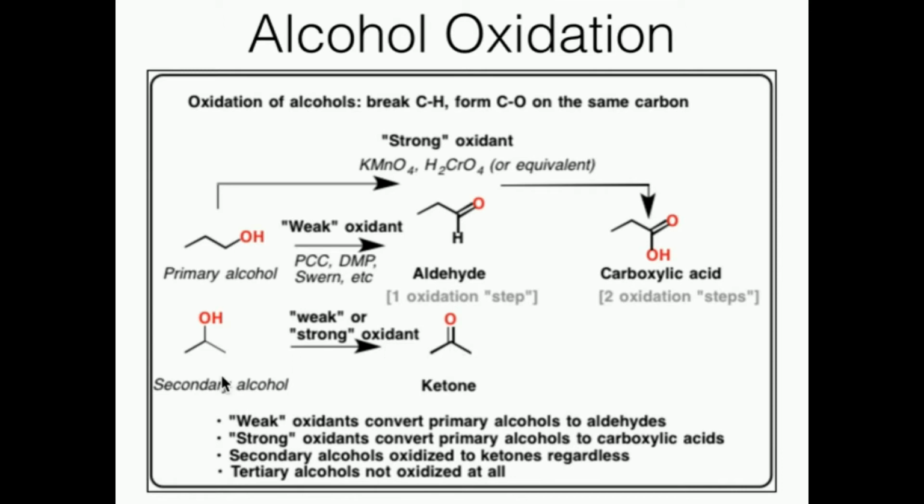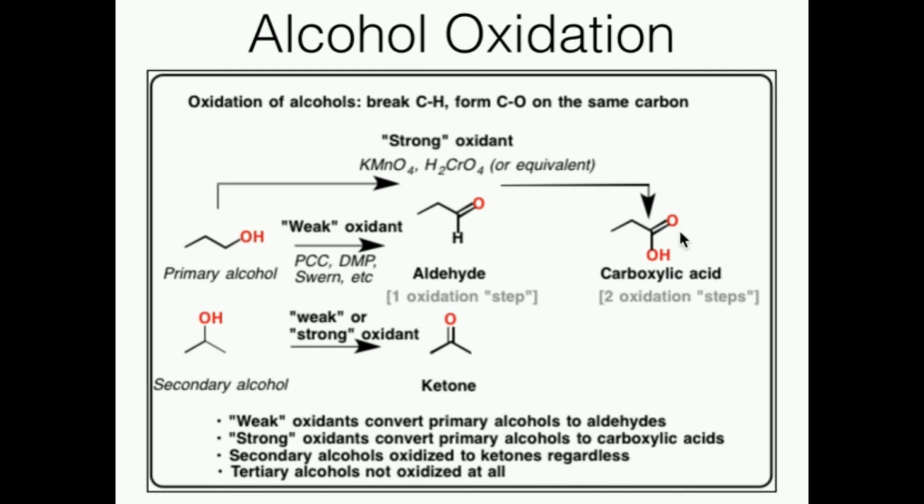Okay? So, if you have either a weak or strong oxidant and you react it with a secondary alcohol, no matter what, you're going to get a ketone. However, if you start with a primary alcohol and you use a strong oxidant like chromic acid, it will automatically oxidize it all the way up to a carboxylic acid.